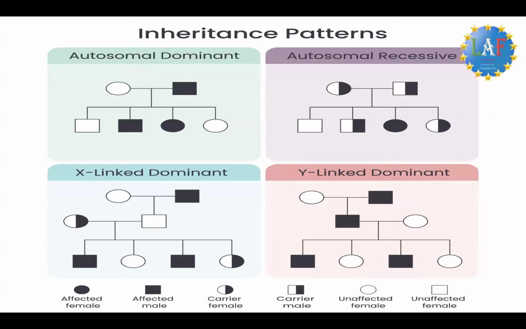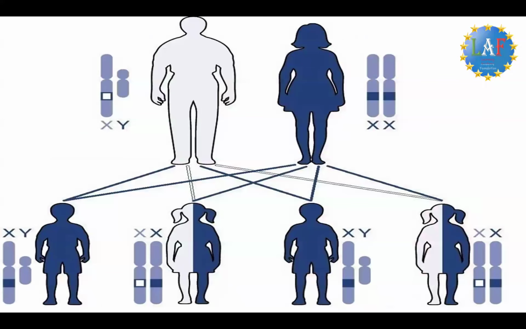The offspring will be 50% affected male and 50% unaffected female, because this one is Y-linked. So this is especially useful in understanding recessive disorders and planning for future generations.